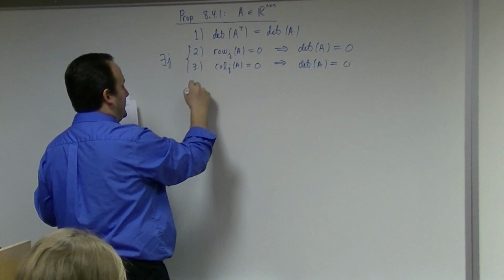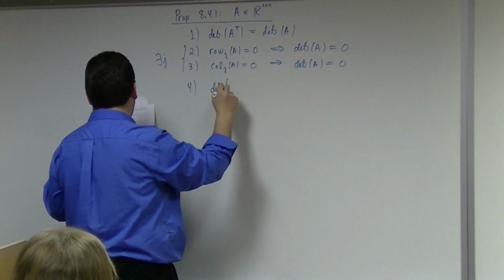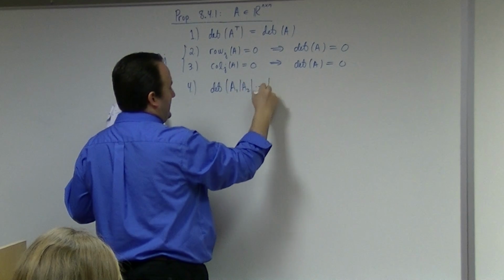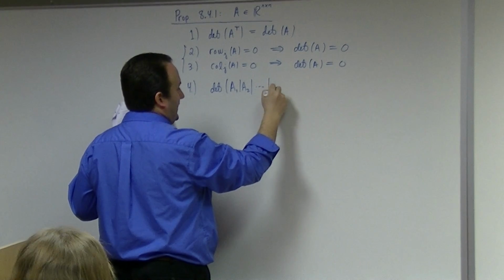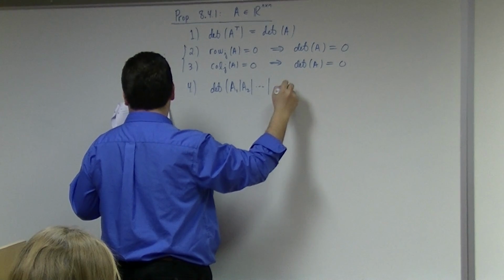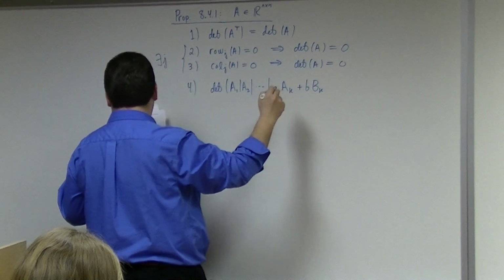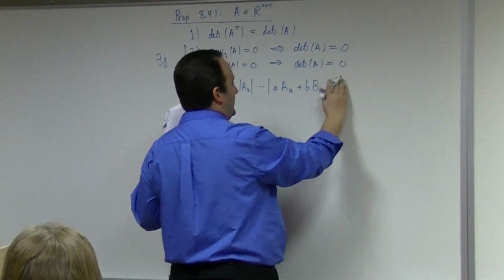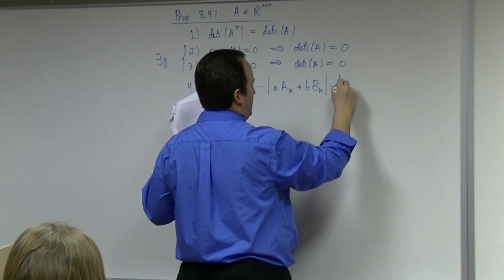Item 4, I will actually prove here shortly. It's the determinant of A1, A2, until you get to the kth spot. And then in the kth spot, I'll say little a, A_k, plus little b, B_k, and then keep going all the way until you get to A_n.